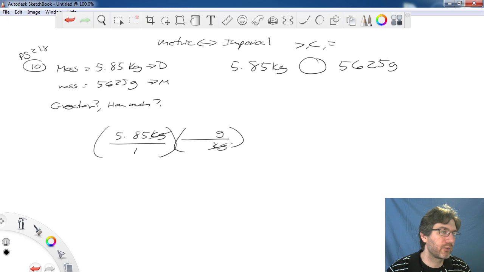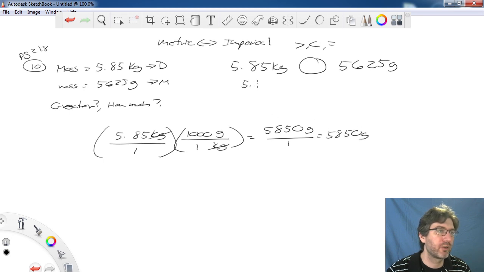And if you look in your book, it should tell you that there are 1,000 grams in 1 kilogram. Because that is your conversion factor. And then when you multiply, you're multiplying by 1,000, so you're really just moving your decimal point. So this is going to be 5,850 grams over 1. And then there's no units on the bottom, so this equals 5,850 grams.